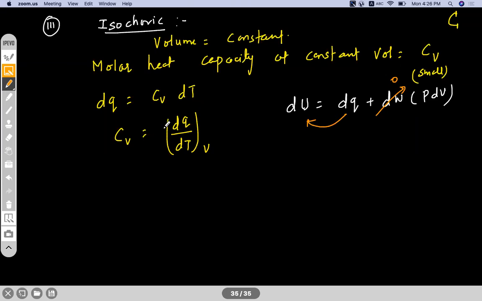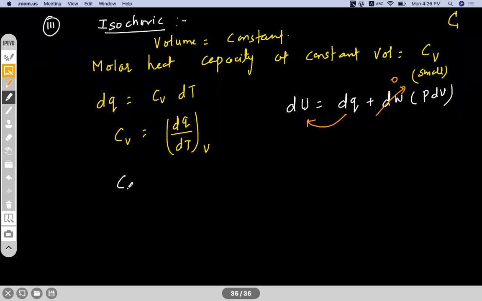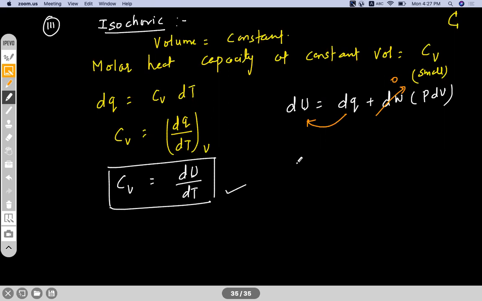So if I substitute here dU, we'll get Cv is equal to dU by dT. Cv is equal to dU by dT, isochoric process. Similarly, first you copy down this, I'll go to the next slide.